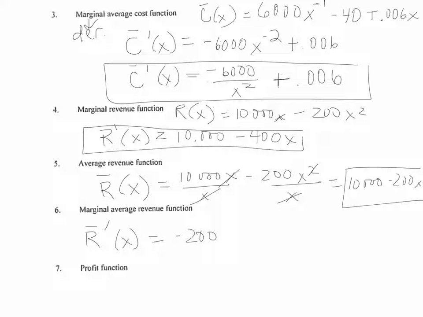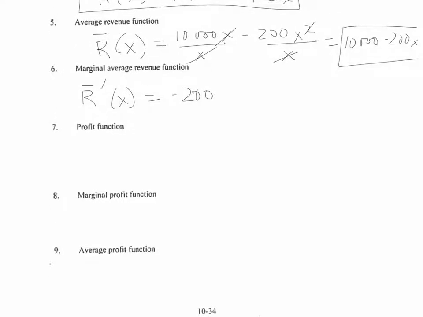Now, the profit function we find by doing what? Because typically they don't give you the profit function, you have to find it. And profit is found when you do what? Good, revenue minus cost. Okay, so our revenue function was 10,000x minus the 200x squared, right?